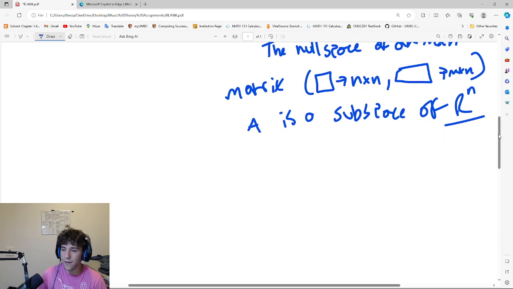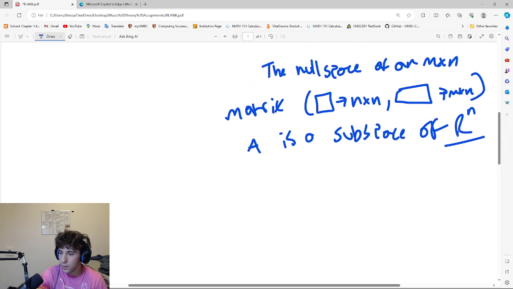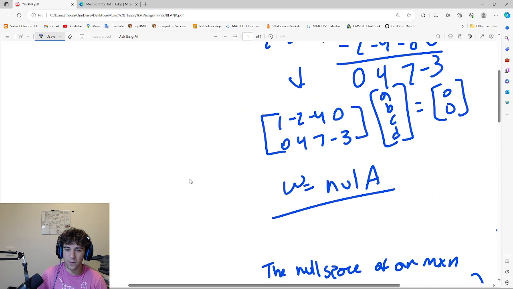So now that we have that theorem, we can see that this right here, this one's a 2 by 4 matrix. Means 2 equations, 4 unknowns.